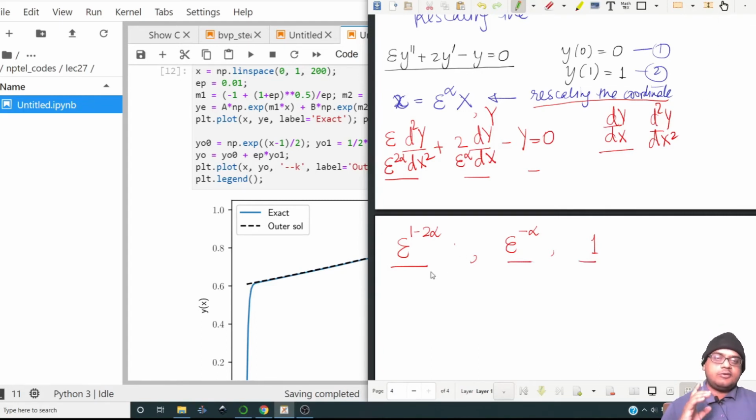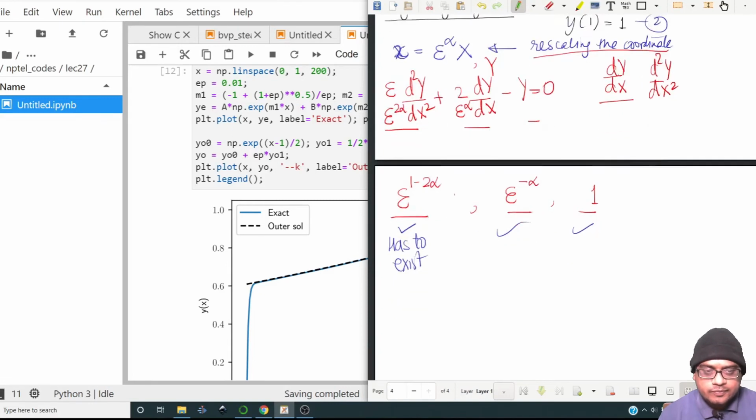We know for a fact that the second derivative has to exist in order for us to satisfy the condition at the left boundary. So this term definitely has to exist. But in order for that to happen, it must coexist with one of the other two terms.